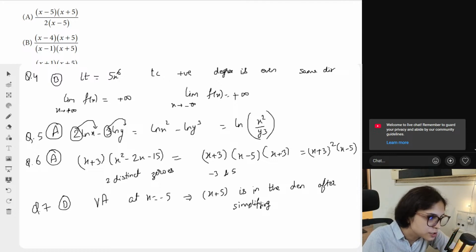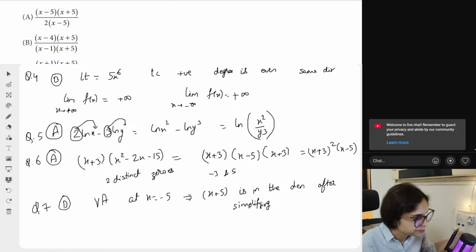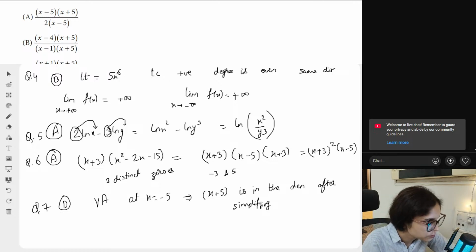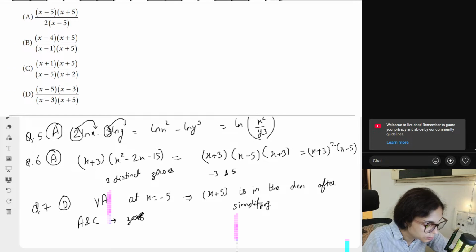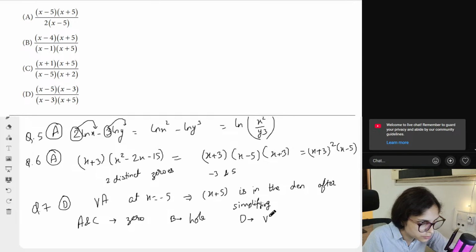So in options A and C, it's a 0. In option B, it's a hole. And in option D, it was a vertical asymptote. So the answer is option D.